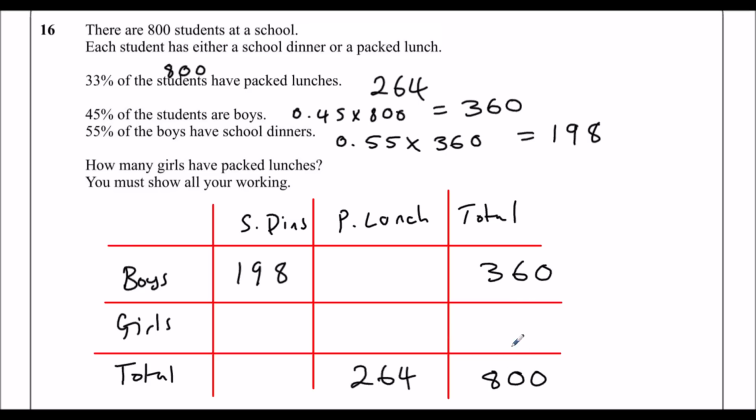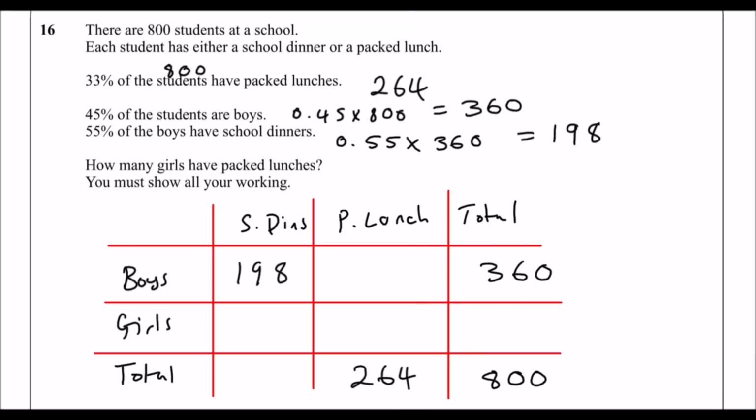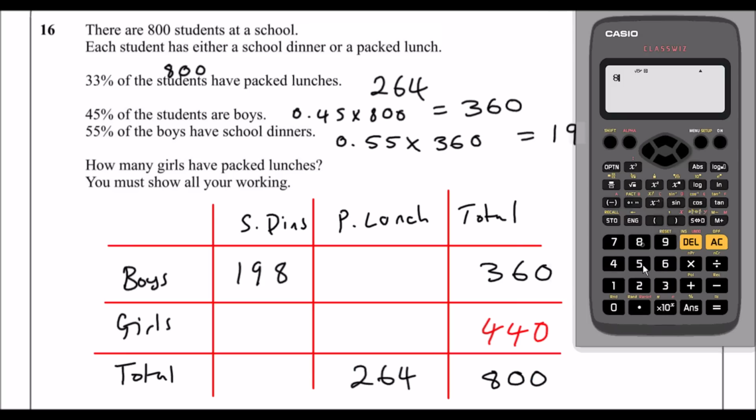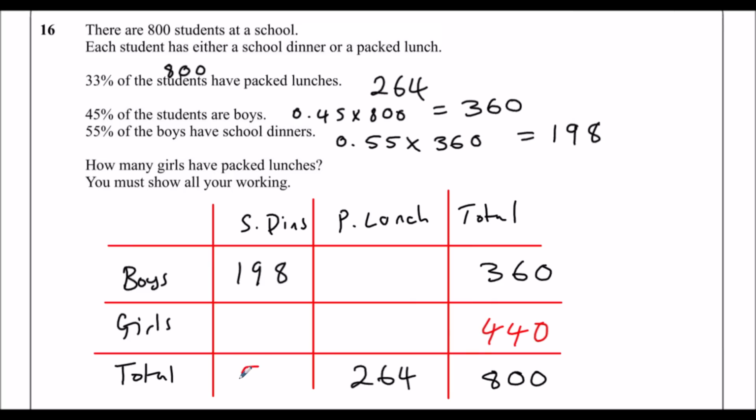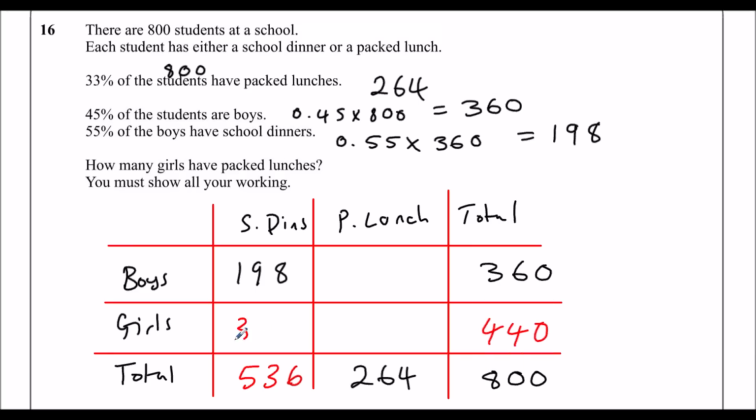So 800 take away 360. There's 440 girls. 800 take away 264. 536 have school dinners. 536 take away 198. 338 girls have school dinners.